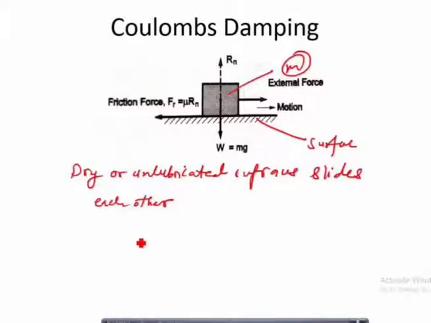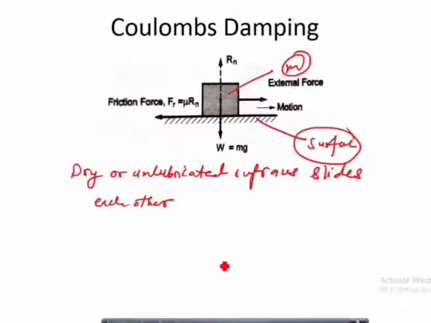Coulomb's law of dry friction states that when two surfaces are in contact with each other, let us say mass m and this surface, the force required to produce sliding between them is proportional to the normal force, or you can say the normal reaction between the two surfaces.